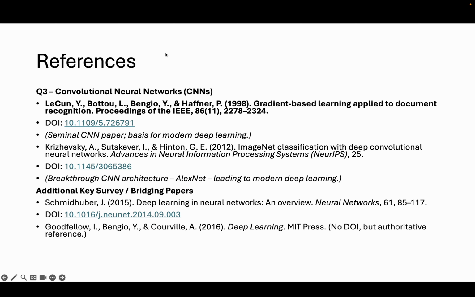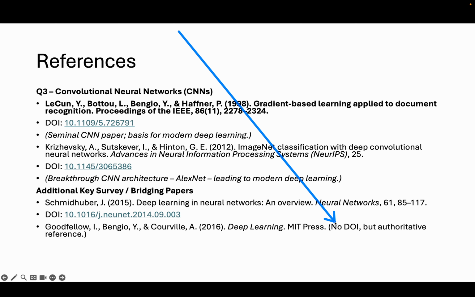For convolutional neural networks, here we have one of the seminal papers that the basis for modern deep learning are built on. We have a second paper, which is on the convolutional neural network architecture. And additional papers that you should be familiar with include Goodfellow, one of the leading authors.